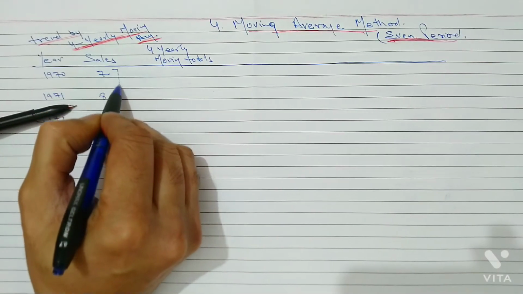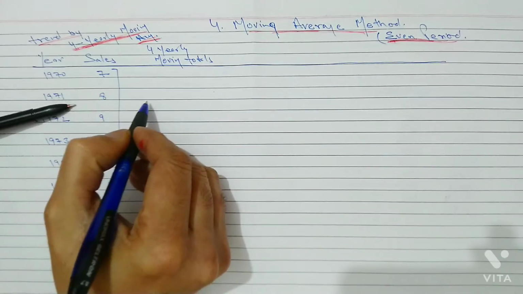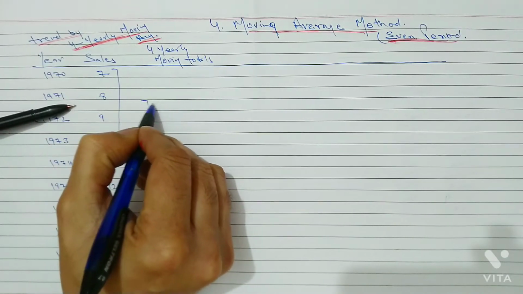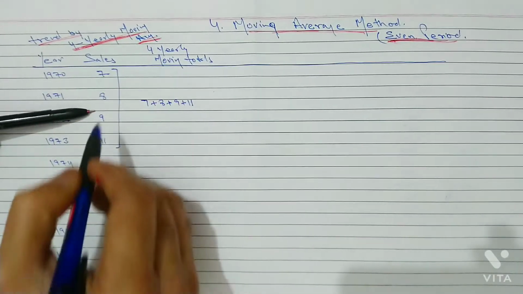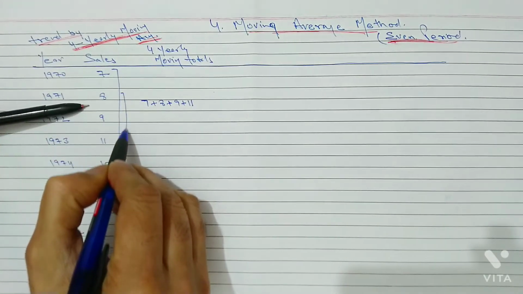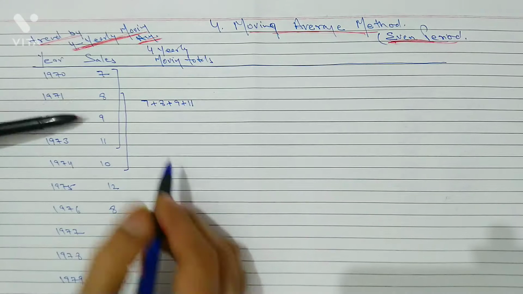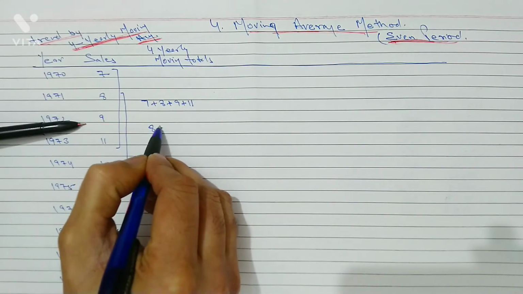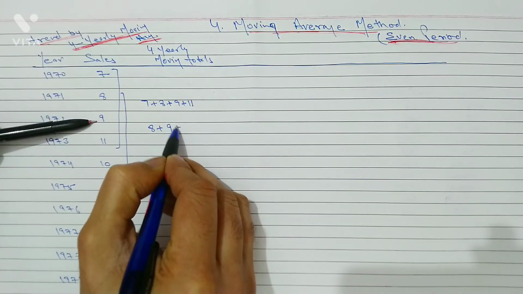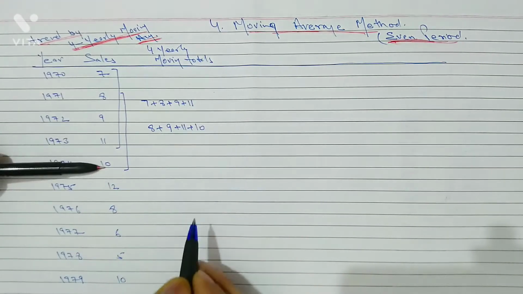Total of first 4 terms is 7 plus 8 plus 9 plus 11. Then total of next 4 terms is 8 plus 9 plus 11 plus 10.